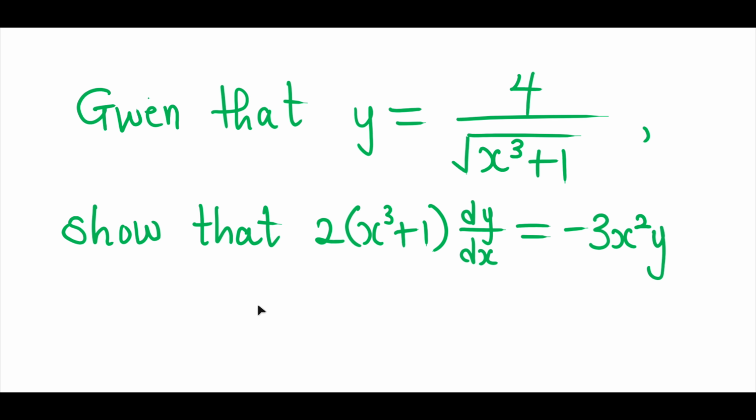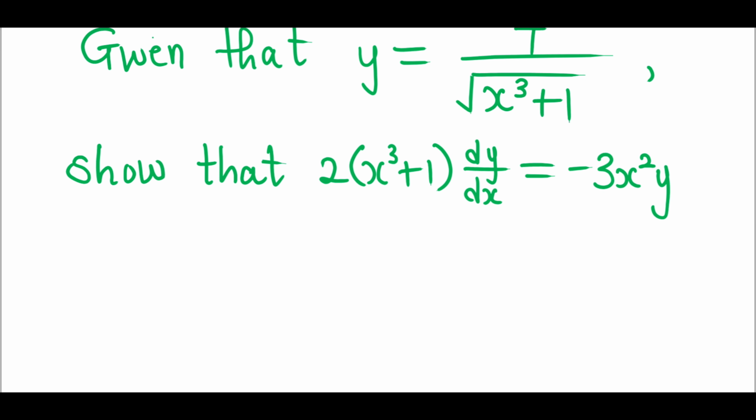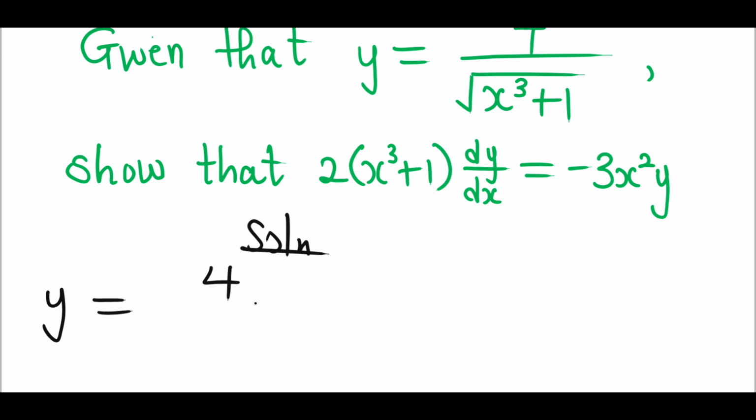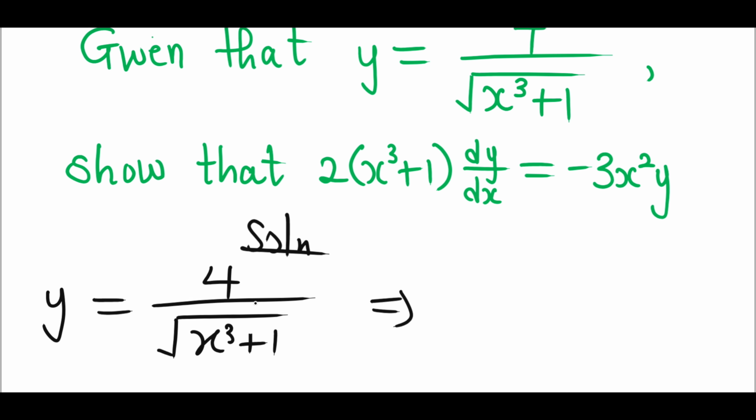All right. So if I have the function y is equal to 4 divided by the square root of x cubed plus 1, this implies that I have to cross multiply so that I can get my implicit function.